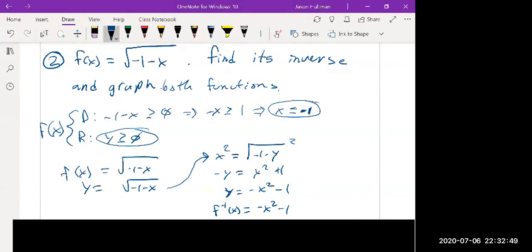Okay, so now let's look at the domain and range on this guy. What's the domain going to be? Any ideas? All real numbers. You would think, but you would be wrong. But thank you for taking a shot.